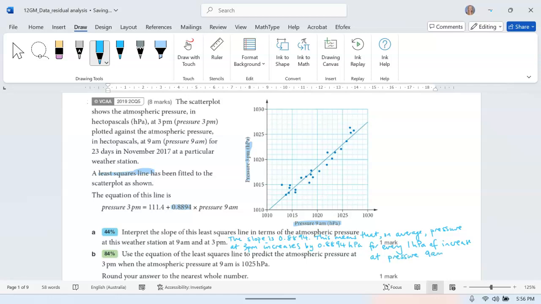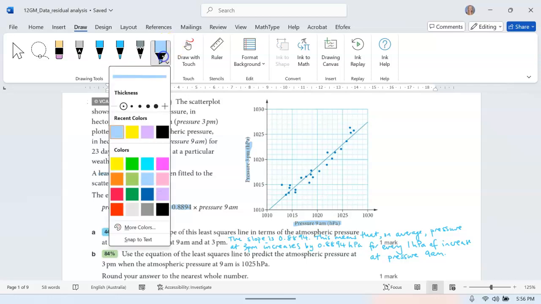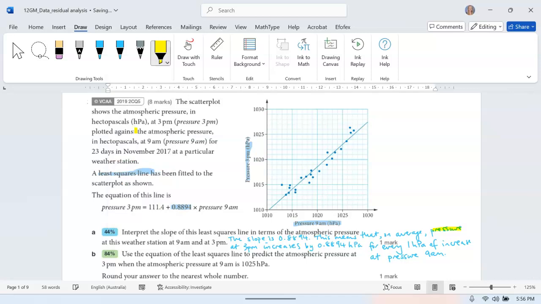Now, the good thing is with your exams and your SACs, when they're assessed, sometimes you get sentences and you think, that doesn't overly make sense. We're just looking for the key parts. We want to see that you've got your response variable there, whether it's increasing or decreasing correct, and the slope.